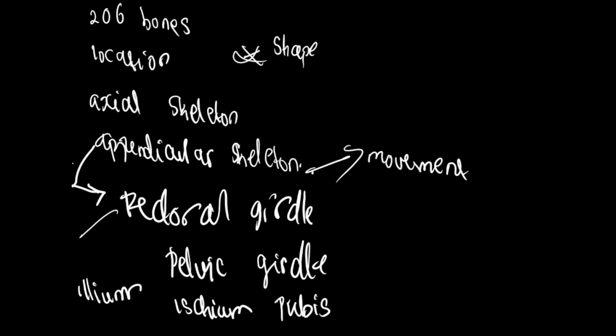The other classification of bones we'd be considering in this video is based on shape, and here we have long bones, short bones, irregular bones, and flat bones. Now, long bones have their name this way because they are longer than they are wide.